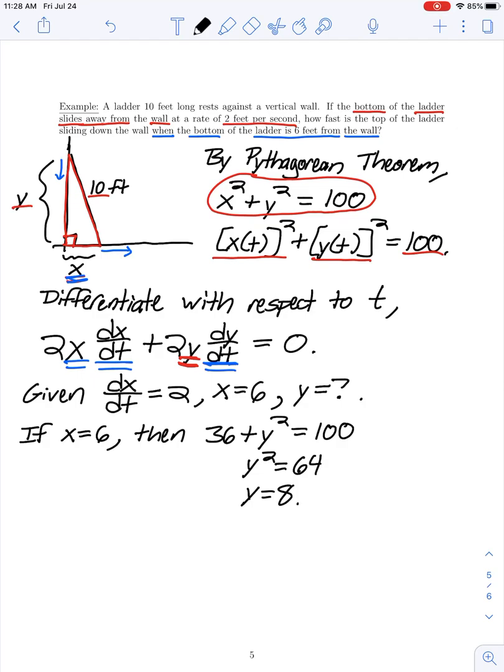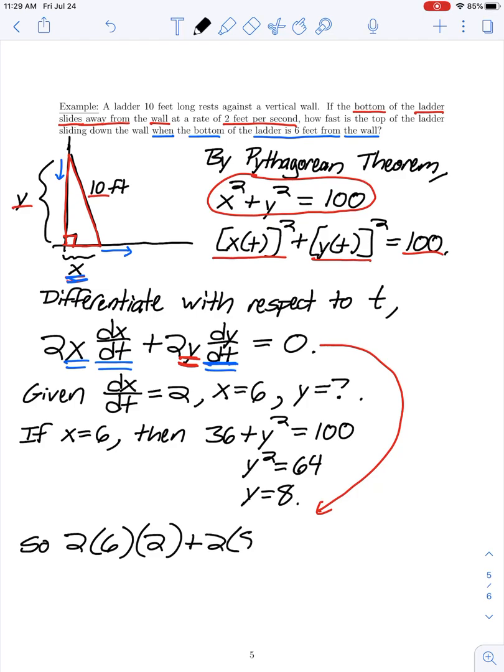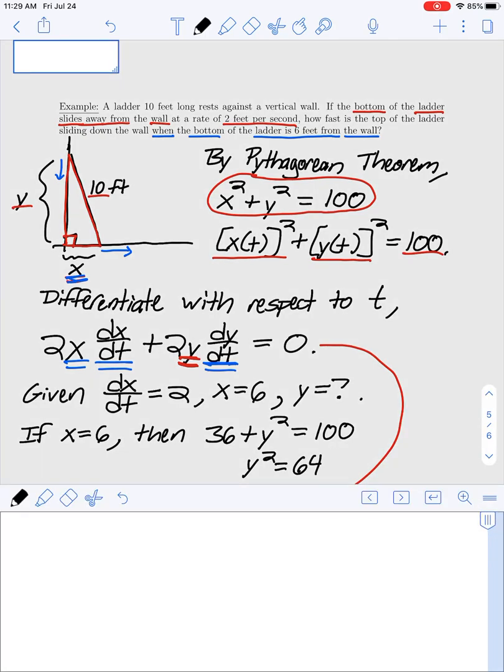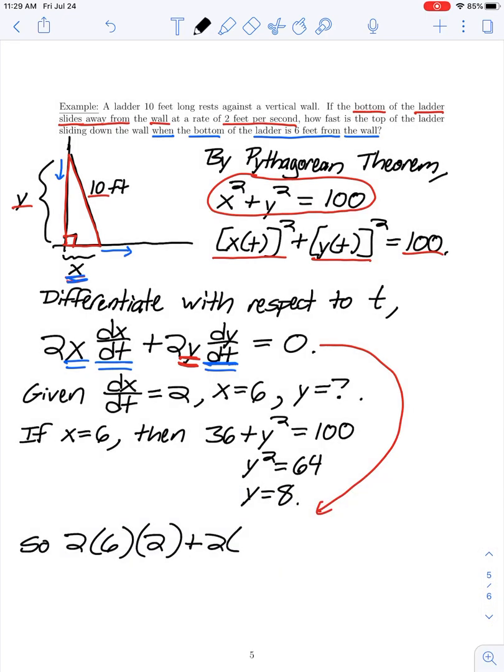So now that we have all of these values for x, y, and dx dt, let's substitute into our equation from our earlier line of work. So here we have 2 times x, which we were given is 6, times dx dt, which we were told is 2, plus 2 times y, which was 8, we found from the Pythagorean theorem, times dy dt, which we're interested in finding.